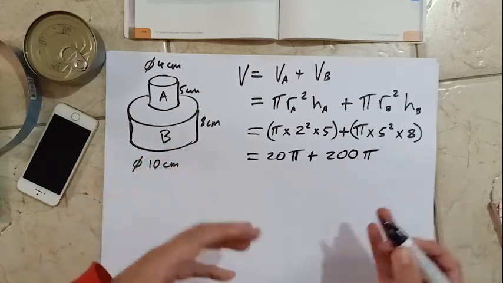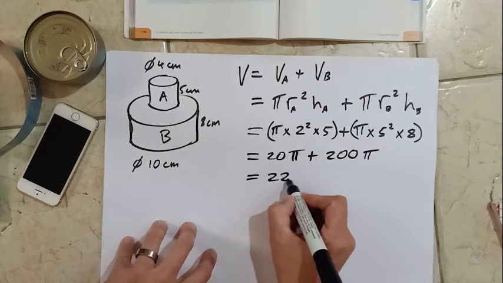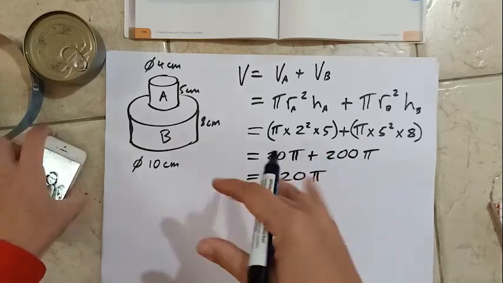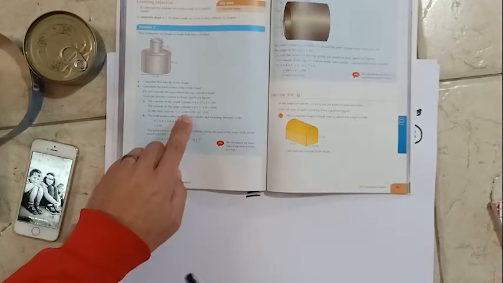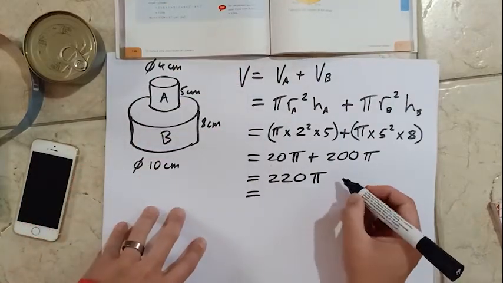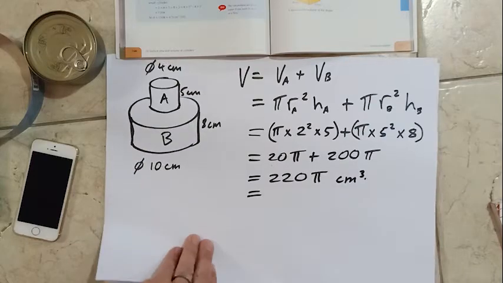Can you see how it's a lot easier just keeping pi as pi? 220 pi, okay? And then we can figure out what that is. In the book, sure enough, 220 pi, and you can calculate that to be whatever that is, centimeters cubed. Don't forget the units.